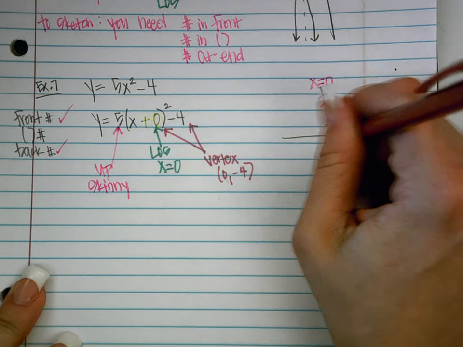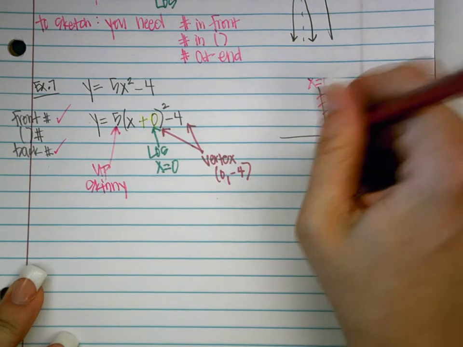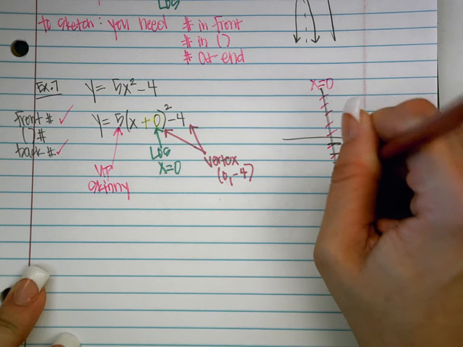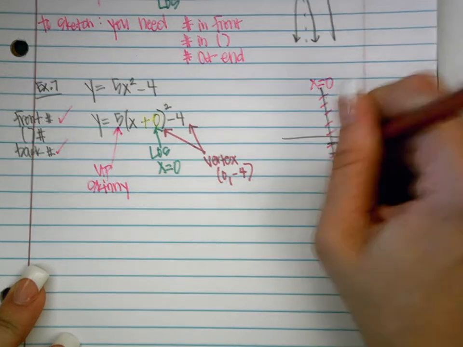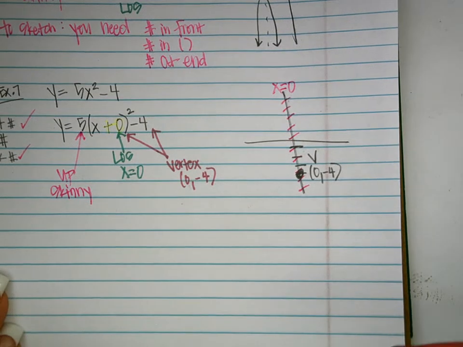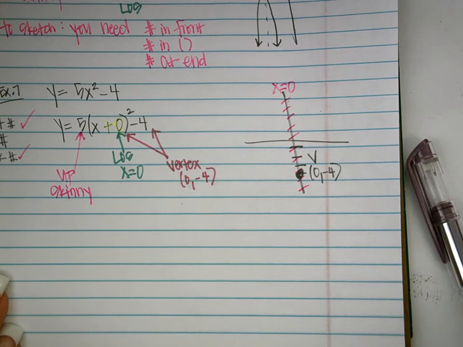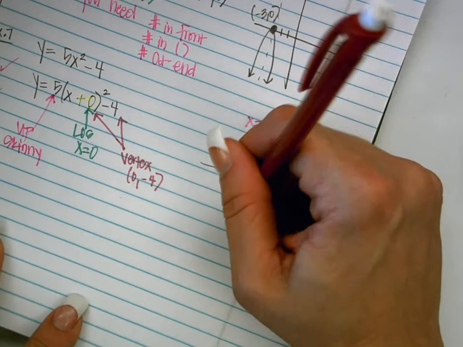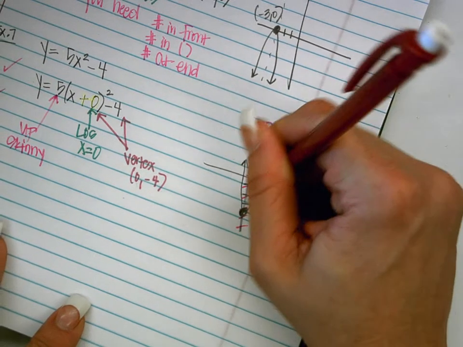Please label it still. That's your vertex. And we said that this was going to be facing what direction? Opening up. And it was skinny, so it stays fairly close and looks like that.